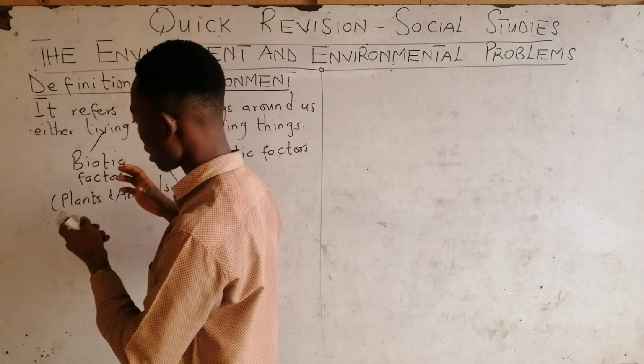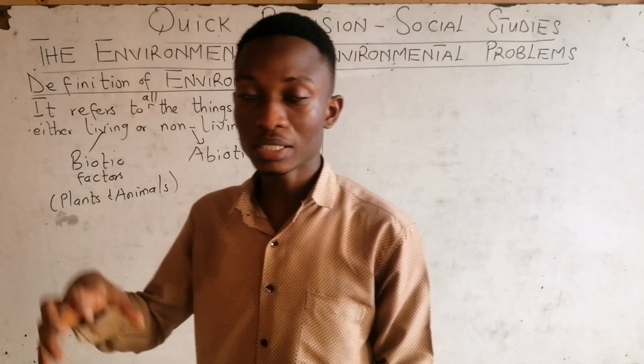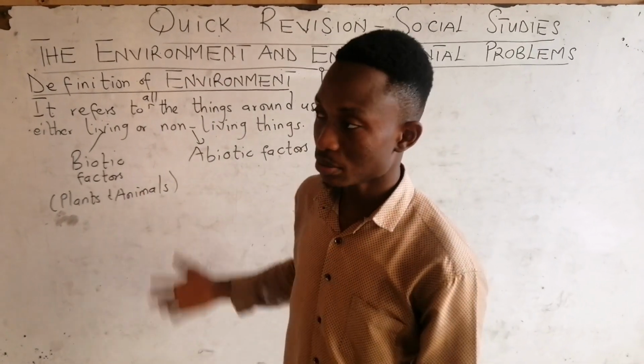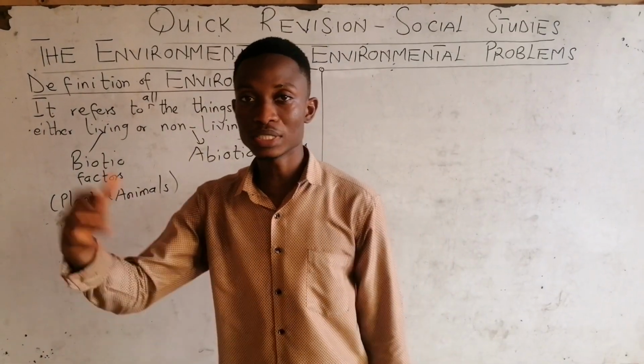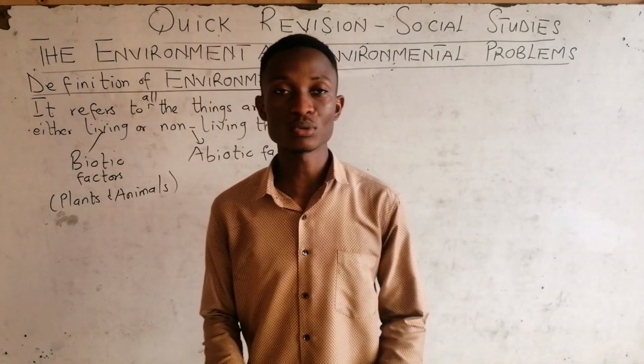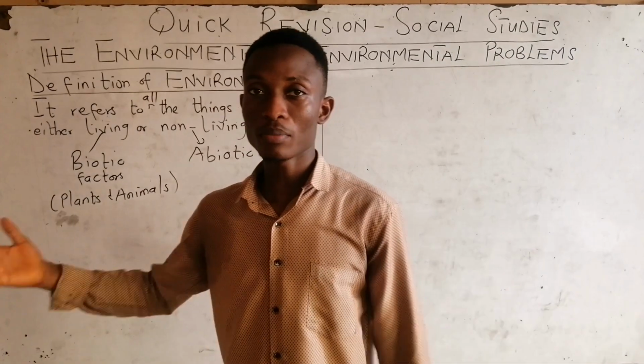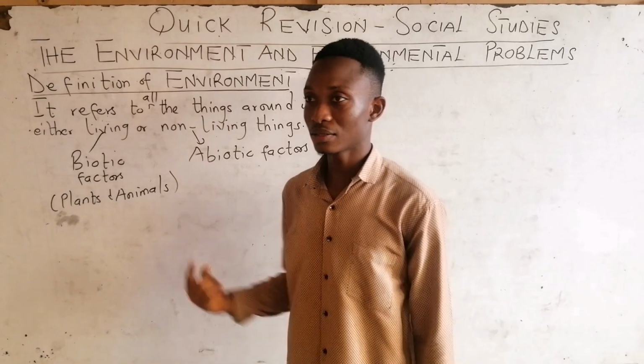Yes, they focus much more. If you talk of the biotic factor, you can't take them out. Plants, animals, and others you say the protists. Others will also say the fungi and the like. These are all parts of the living things around us.